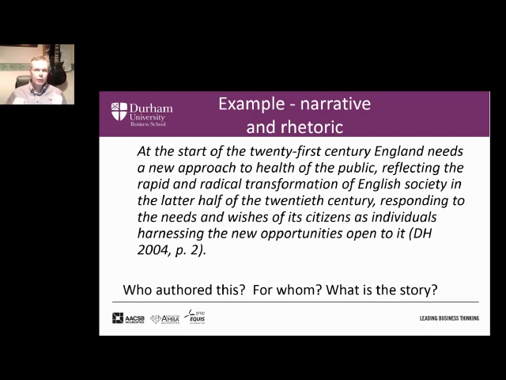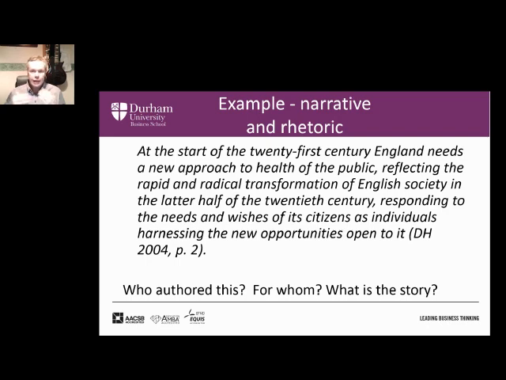So essentially what they're saying is it's a form of consumerism, treating healthcare in the same way that citizens as individuals respond to new technologies. So there's a story then which is basically society is changing, therefore we need to change the health service.